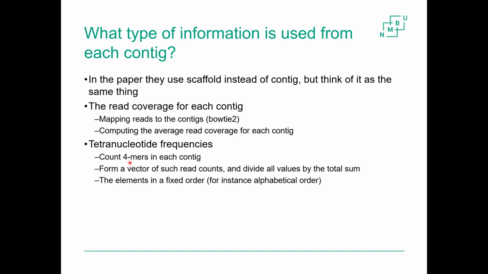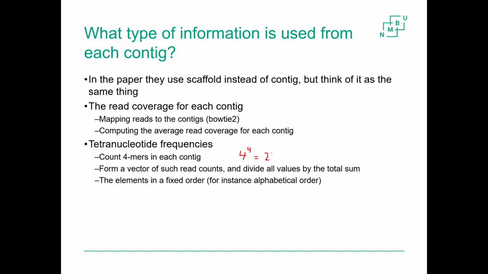Because how many different 4-mers can we actually have in DNA? Well, we can have 4, because there are 4 letters in the DNA alphabet, to the power of 4, since we have 4-mers. And this is actually 256.